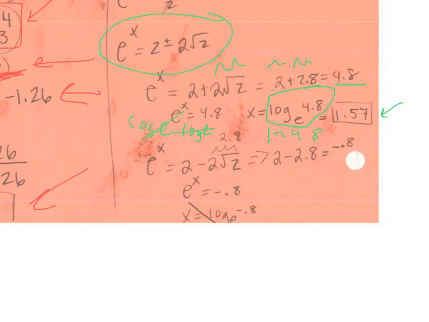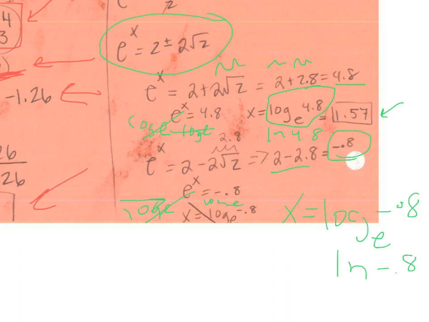Similarly, if we have 2 minus 2.8, we have negative 0.8, so e to the x equals negative 0.8, we would do log base e, cancel, so we have x equals, you can either write log base e of negative 0.8 or ln of negative 0.8, but there's no value. So our only solution is 1.57.